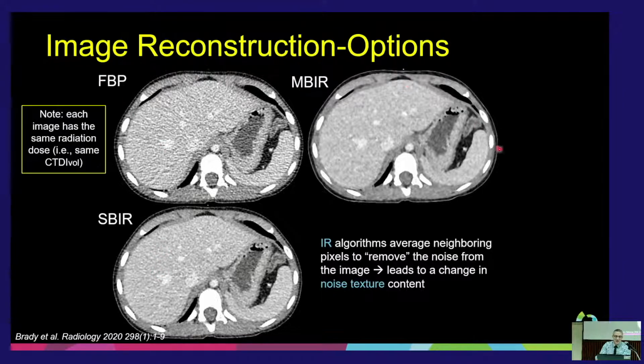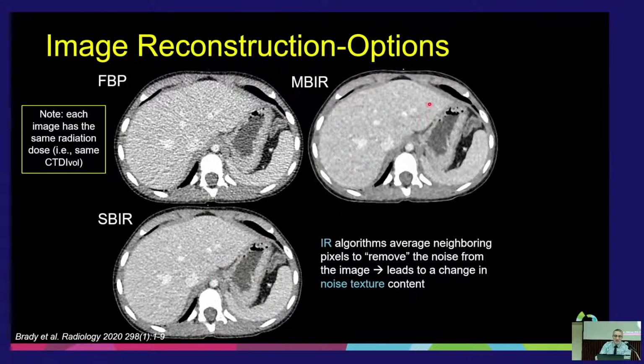So here's just a simple example. This is the same patient, and all I did was reconstruct them using filter back projection, a form of iterative reconstruction called model-based iterative reconstruction, and a different form called statistical-based iterative reconstruction. You can see both of these iterative reconstruction algorithms reduce the amount of noise in the image, but to a certain level, it changes the way the image looks.